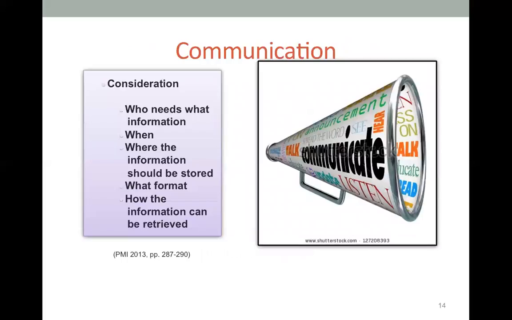Okay, one of the critical points in the implementation is the communication. Consider who needs what information, when they need it, where the information should be stored. Organizations would normally have their own standard in terms of storing the information. Some organizations have a shared drive, so people can access it.